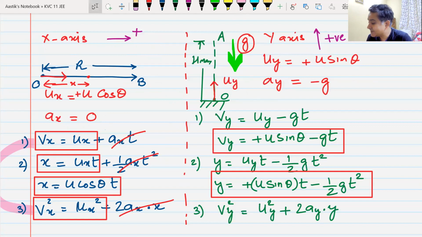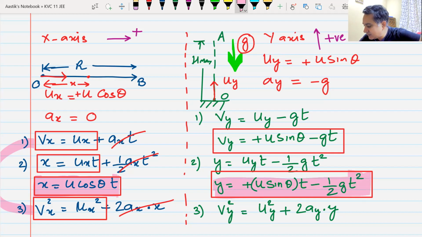What about this y? Yes, what about this y? U sin theta t minus half gt square. U sin theta into t minus half gt square.